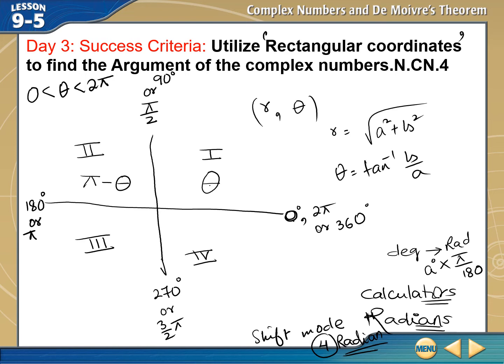From the first to the third quadrant, use pi plus theta. From the first to the fourth quadrant, write 2 pi minus theta. These are the formulas you will use to find your final argument, or final theta. In this way we can find the argument in the polar form.